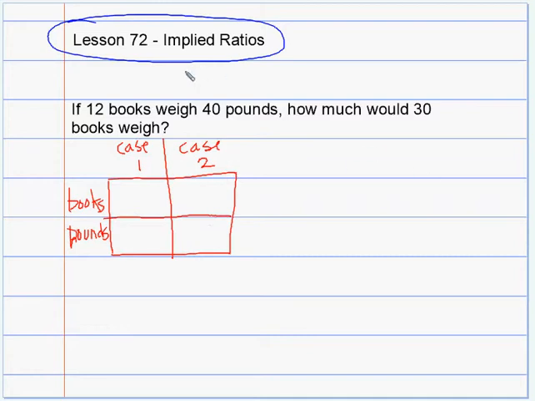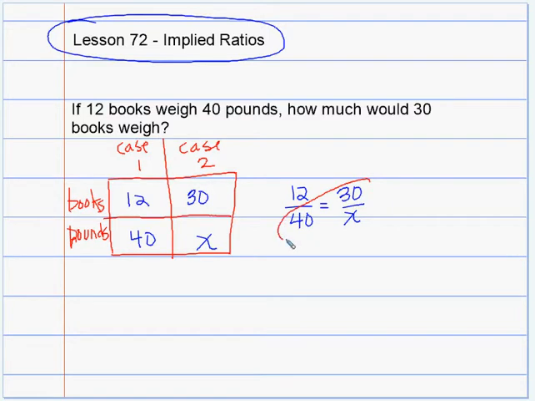So we're going to fill in the information. We know that 12 books weighs 40 pounds. So how much would 30 books weigh? We have 30 books and we need to solve for pounds. We have a proportion and we will solve using one of the strategies that we know. In this case, because I cannot multiply something directly times 12 to get 30 or times 12 to get 40, I'm going to use cross products.